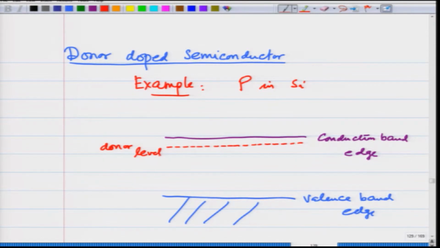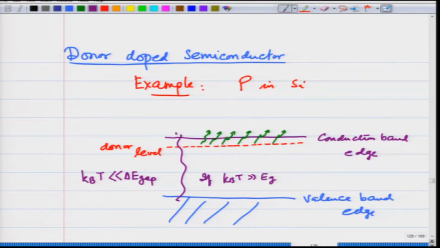If the temperature is small, so let us say KBT is much smaller than E gap, the only contribution to electrons in the conduction band will then come from the donor level. If T becomes very large, on the other hand, if KBT is much larger than E gap, then electrons will start coming from the lower level also.